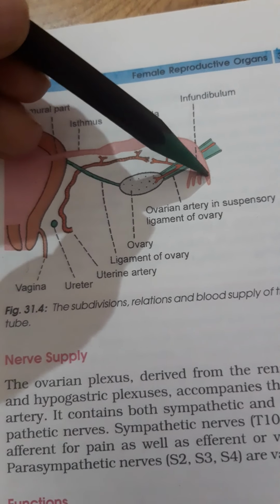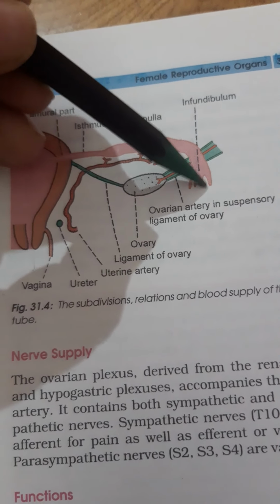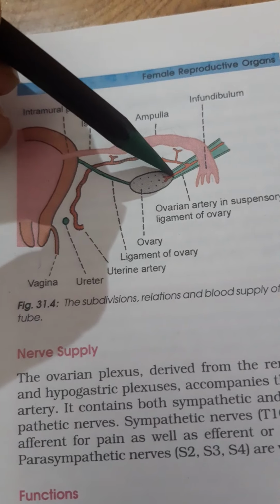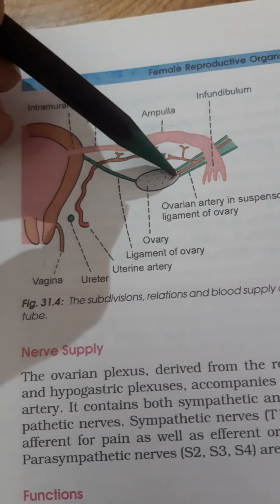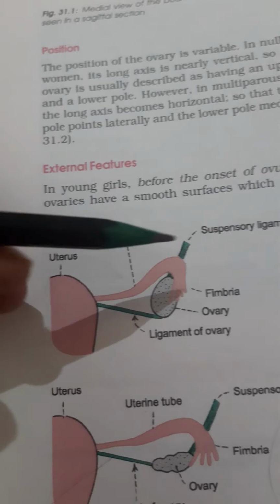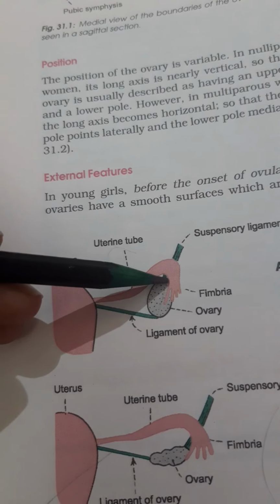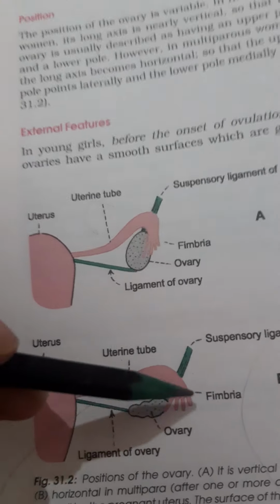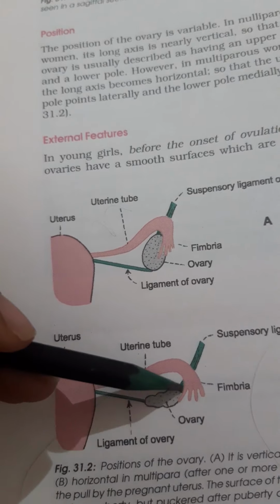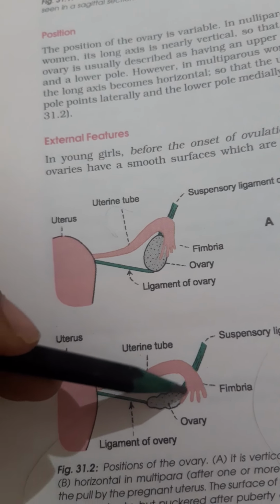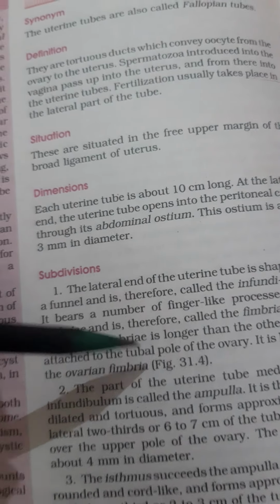One of the fimbria is the longest, and is attached to the tubal pole of the ovary. Here you can see in this diagram, this is the longest one and it's attached to the tubal pole of the ovary. That's why it is known as the ovarian fimbria.